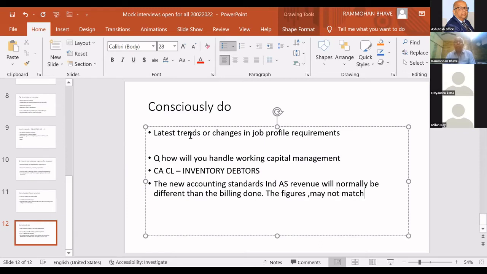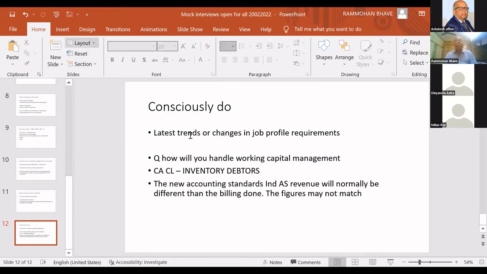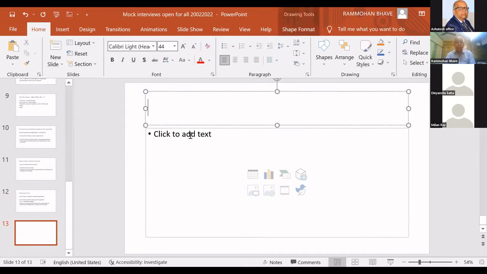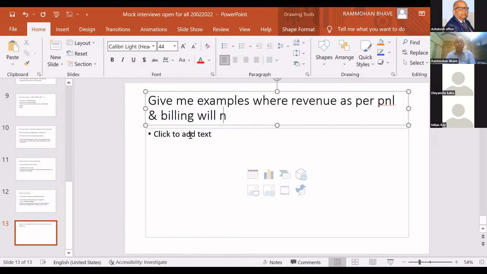Can you tell me now? The interviewer asked me, give me examples where revenue as per P&L and as per billing will not match. Can you give me some examples?